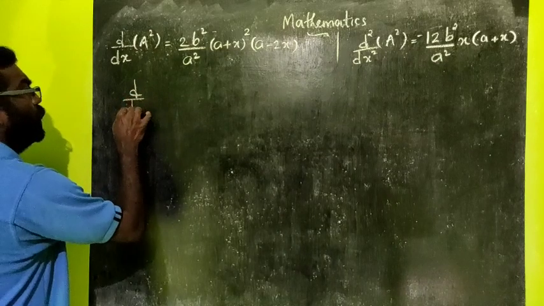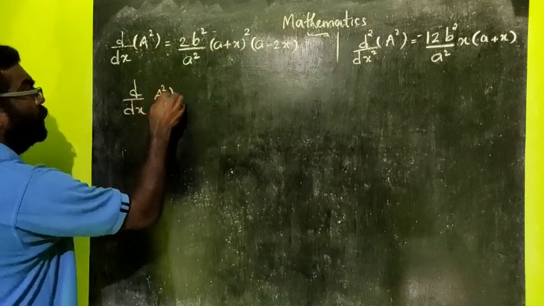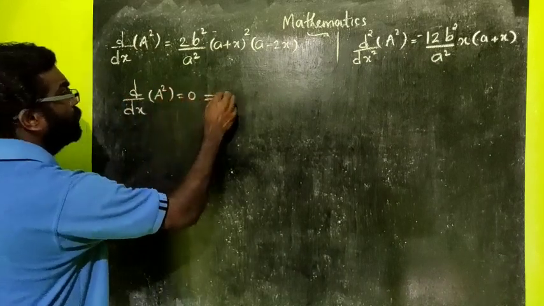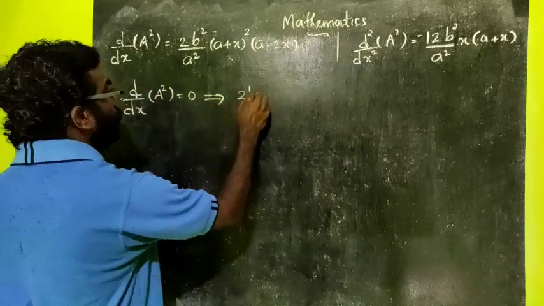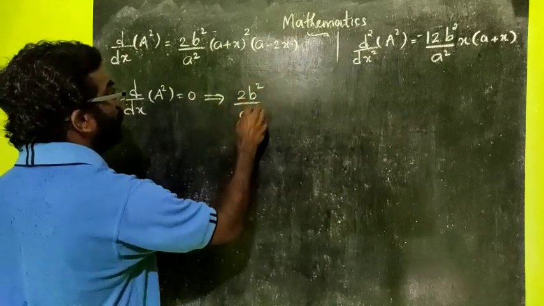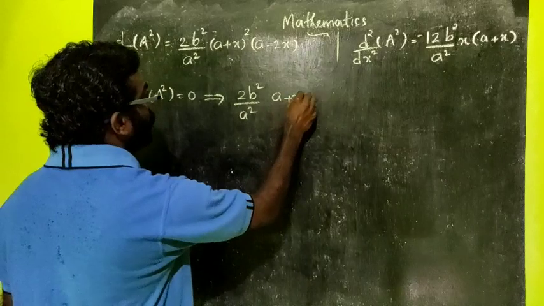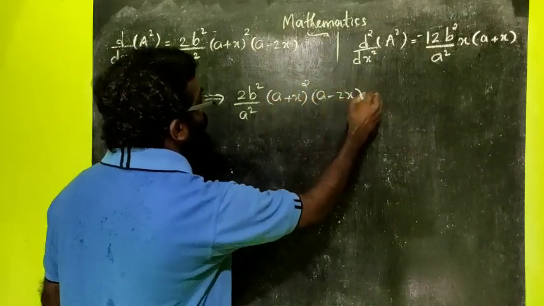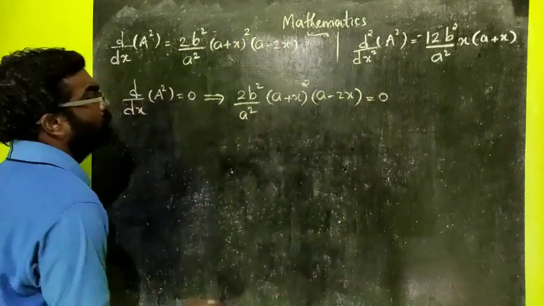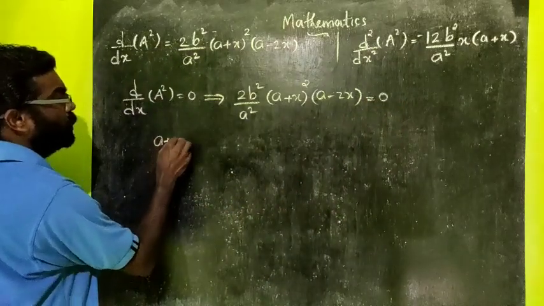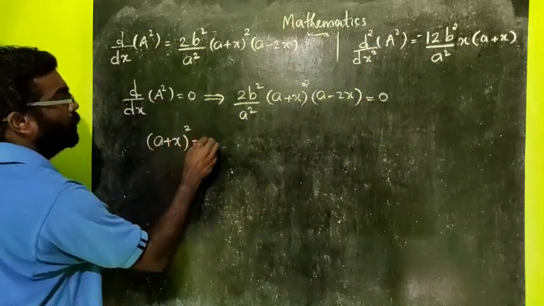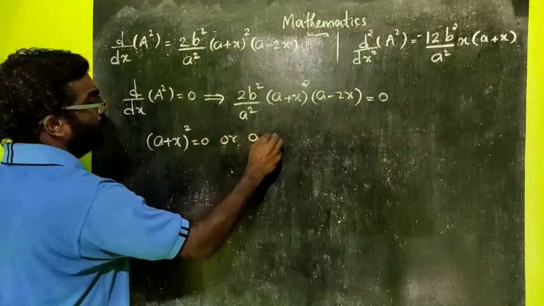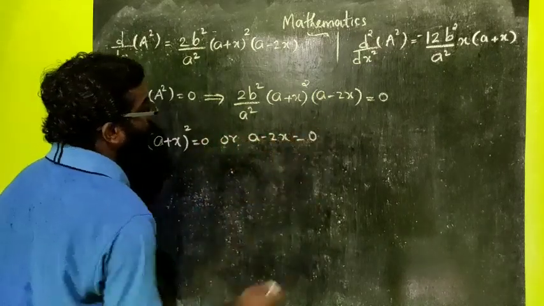Now d by dx of area equal to 0 implies 2b square by a square into (a plus x) the whole square, then (a minus 2x) is equal to 0. From this we can write (a plus x) the whole square equal to 0 or a minus 2x is equal to 0.